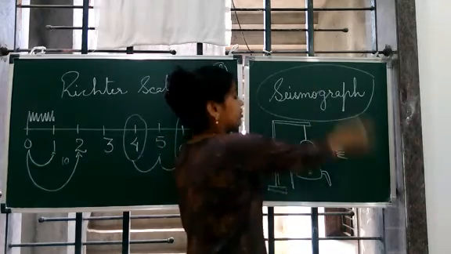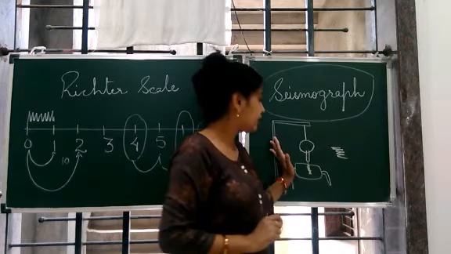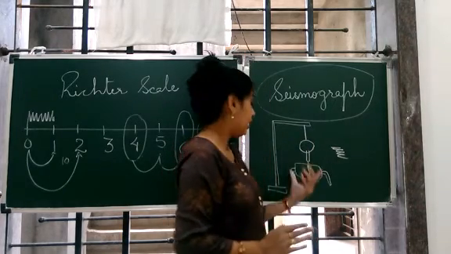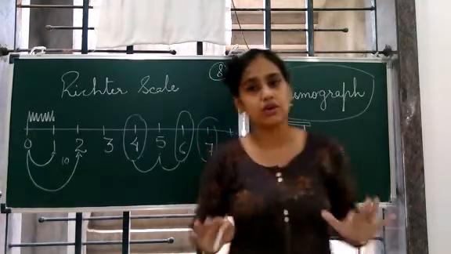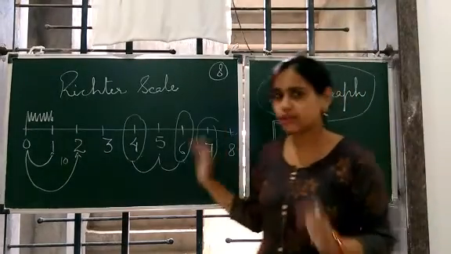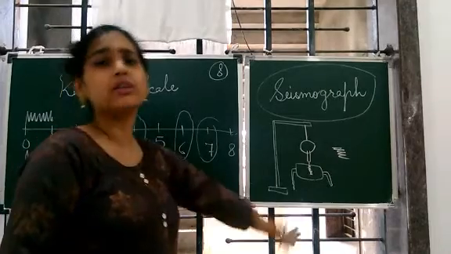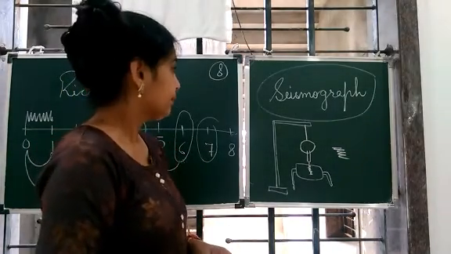And this particular instrument or device is a seismograph, which helps the scientists to create the map of the earthquake and also to get the reading of the earthquake. So that's all about the earthquake. I hope you understood. If you haven't, you can just write a message with your doubt, whatever it is, and I'll try to clear it once again.